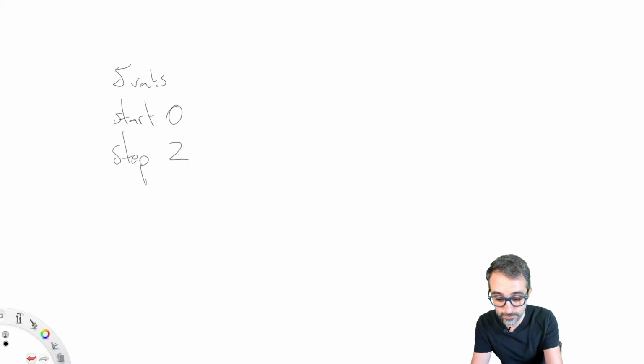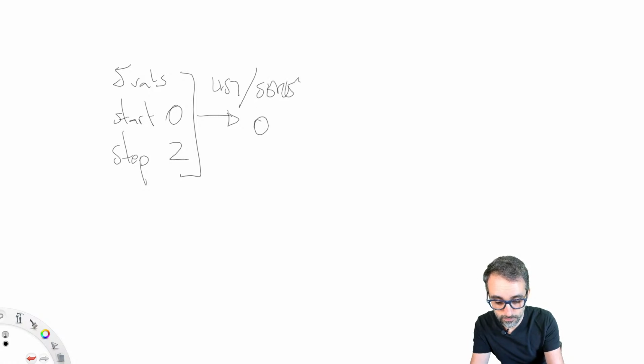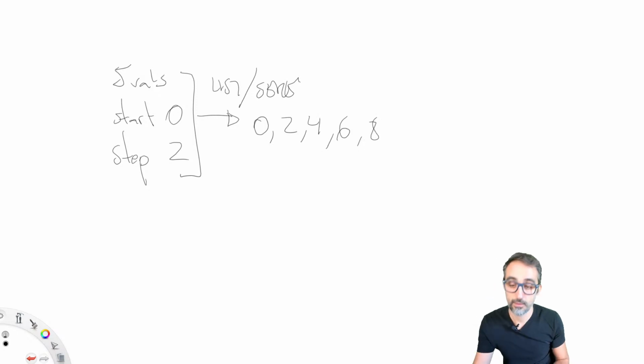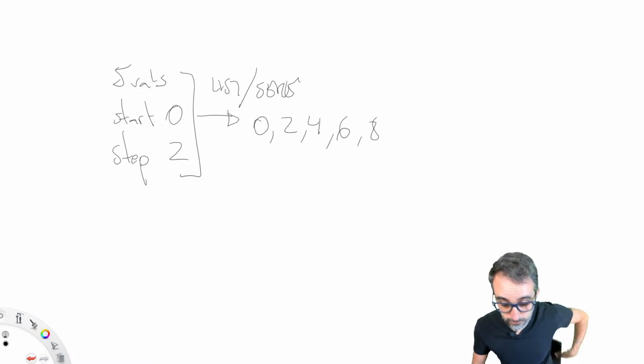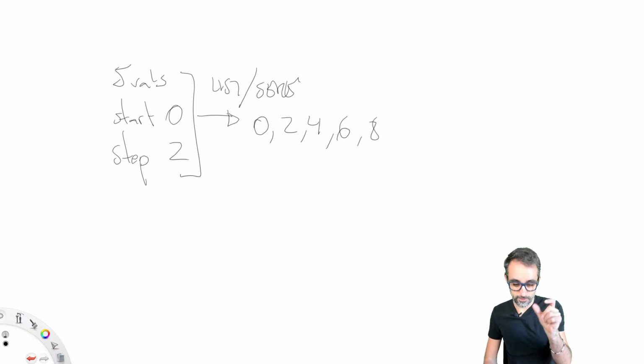If that was the case, then my resulting list, and this is typically referred to as a series, is going to be 0, 2, 4, 6, and 8. Correct? Because the gap between them is the value of 2.